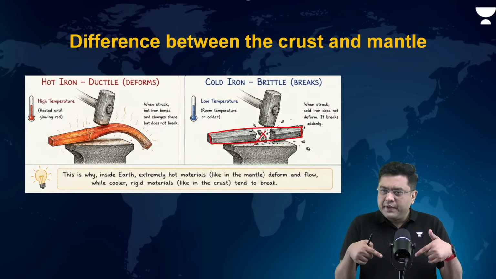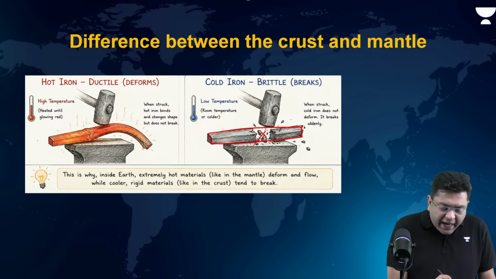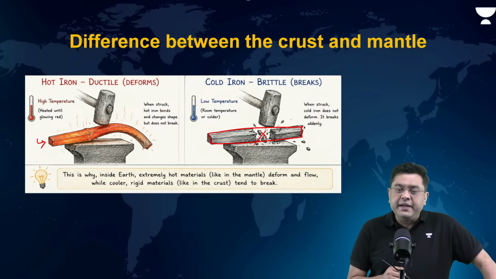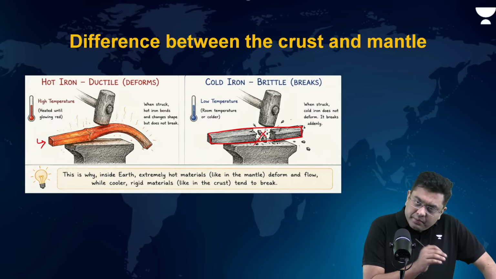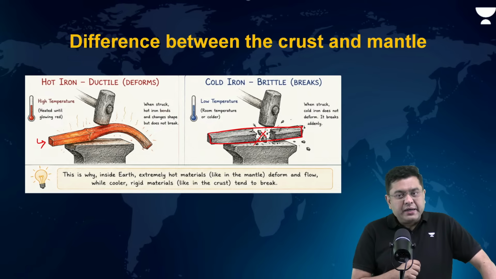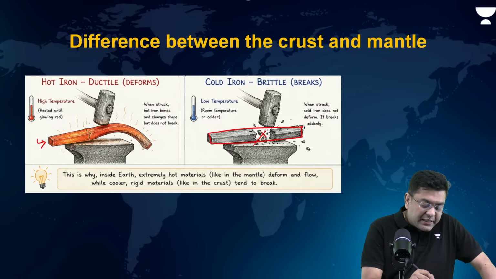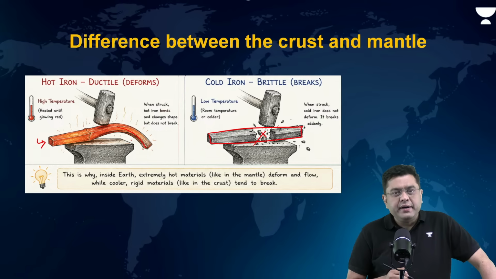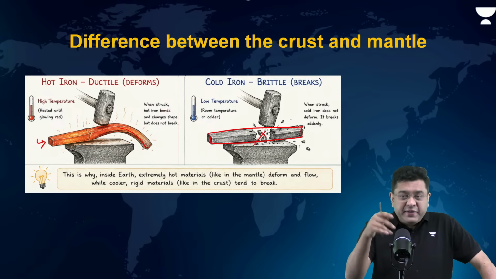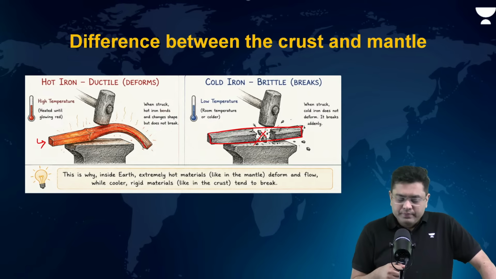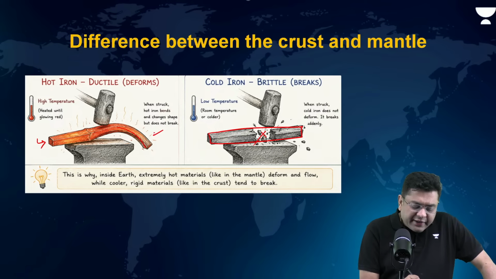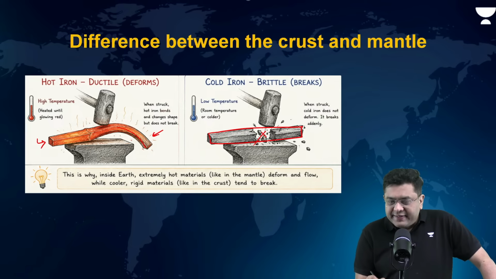But if the same iron is at a very high temperature, glowing red, and I hit it, it will get deformed. It will not break. That is how the ironsmiths make iron tools, by hitting the heated iron. Now here, this iron has not broken, it has got deformed. This iron has broken.